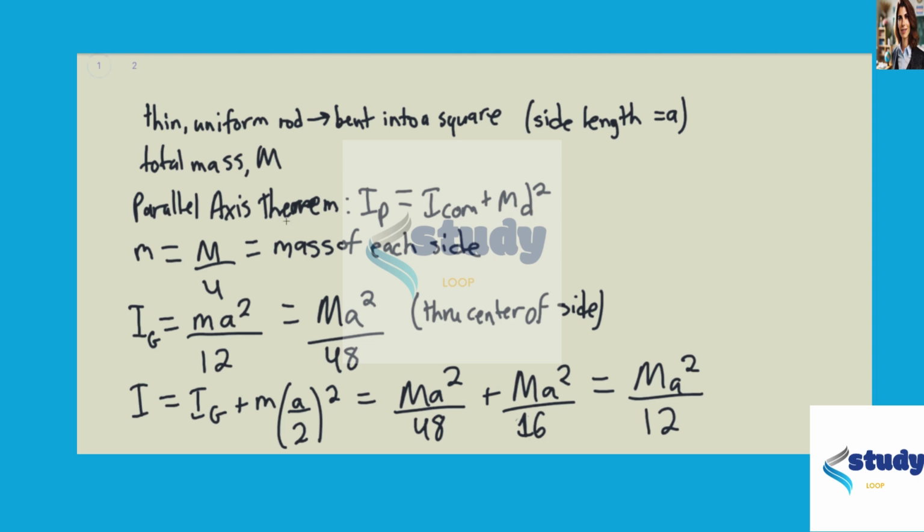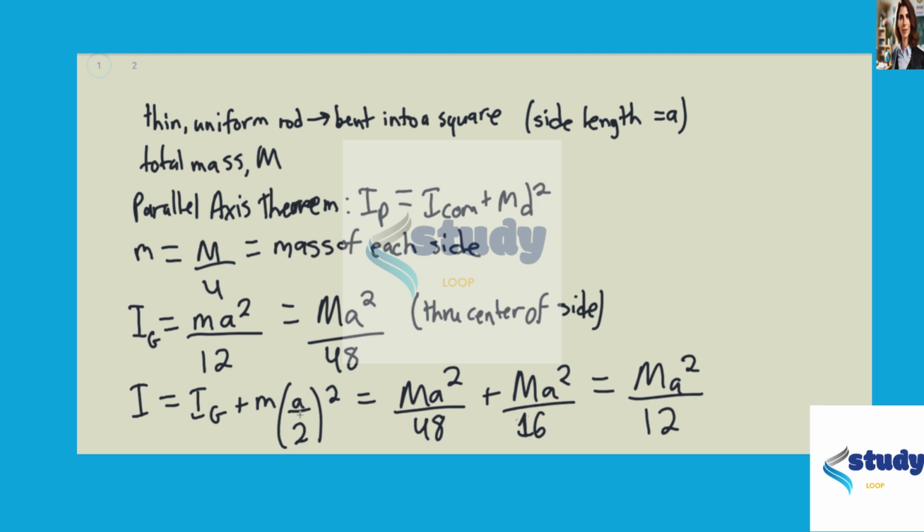So again, we first found the moment of inertia about an axis through the center of a rod or through the center of a side. Then we used the parallel axis theorem to find the moment of inertia of each side about an axis through the center of the square and perpendicular to the plane of the square.